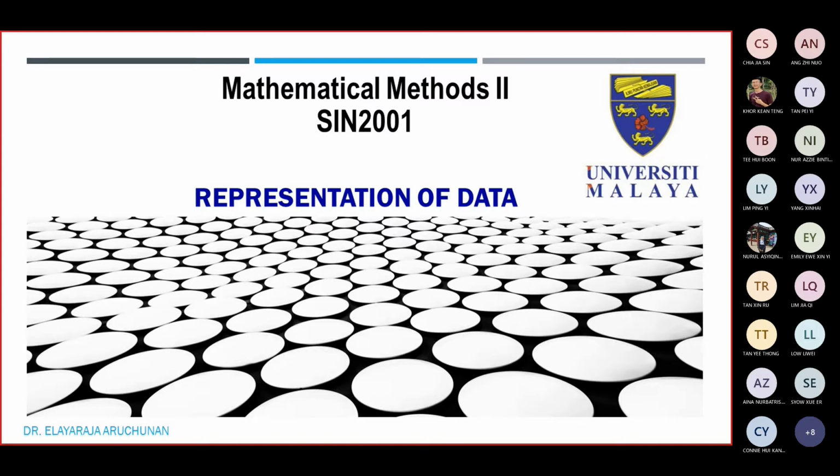I will recap what we have done so far from the last lecture. So far we have done the sources of error. In the first week we already learned about approximation error, true error, relative and absolute error, and so on.